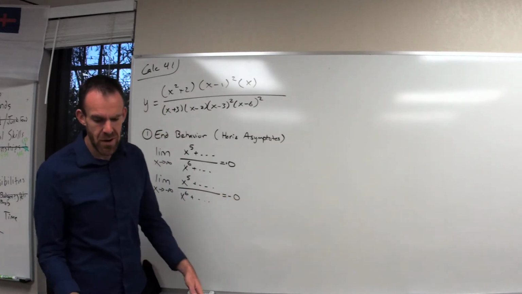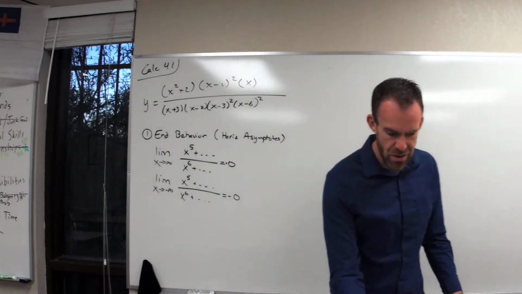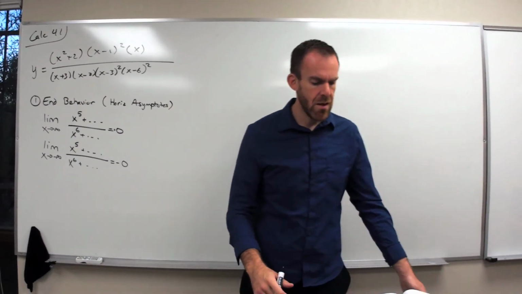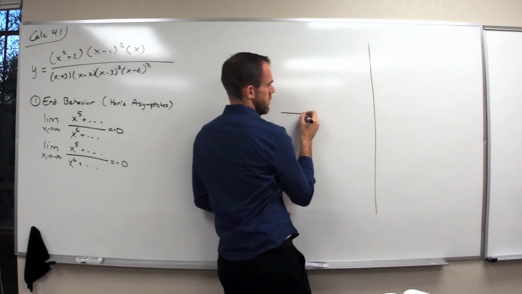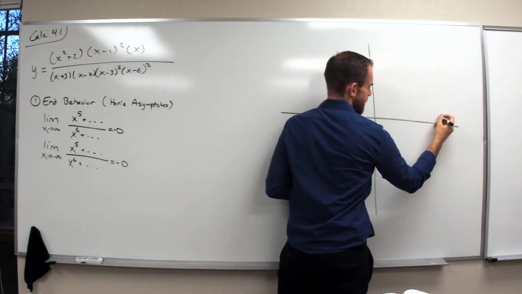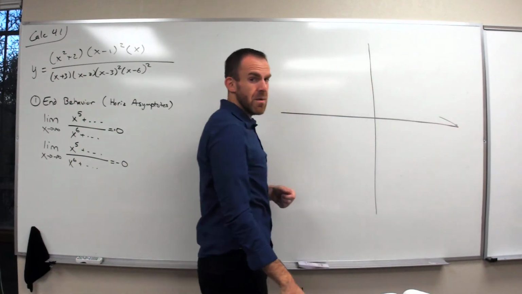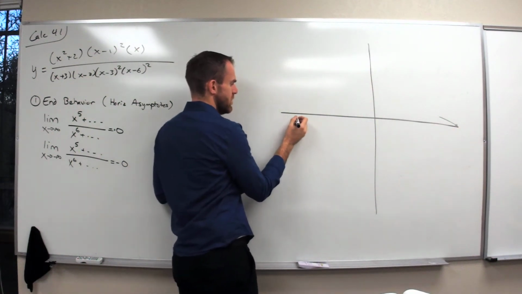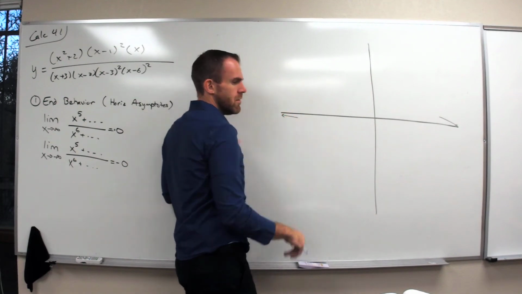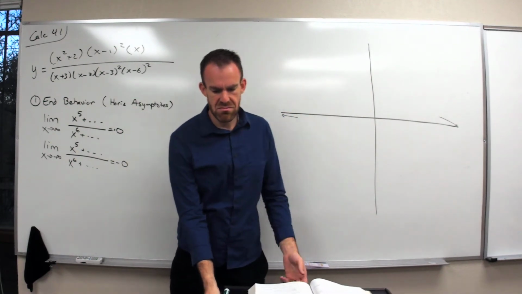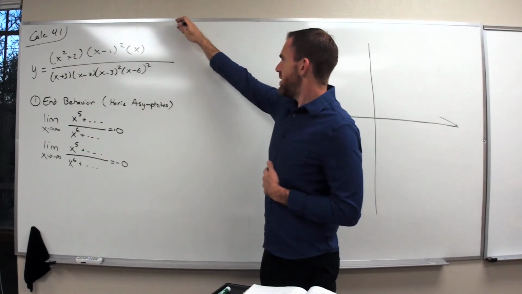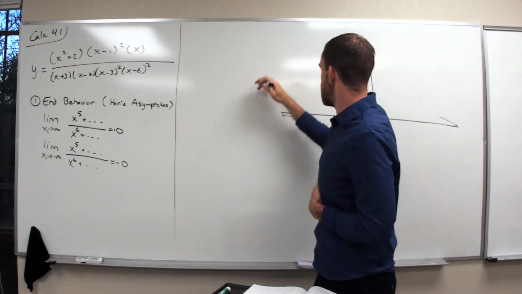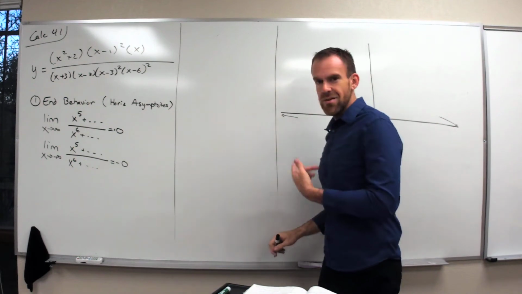So what that tells me about my function, which I will graph way over here, is that at infinity, I'm going to approach 0 from the positive end. At negative infinity, I'm going to approach 0 from the negative side. All right, now let's get back to this. After we look at end behavior, I did not leave myself much room. Oops. So I never do that.